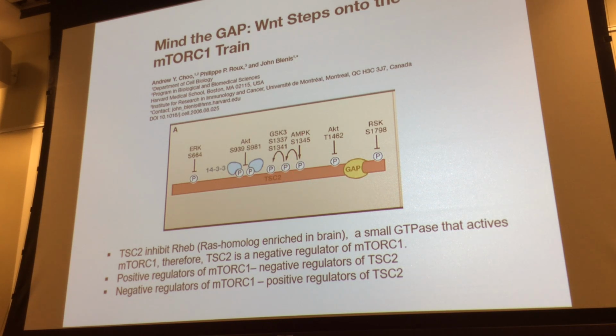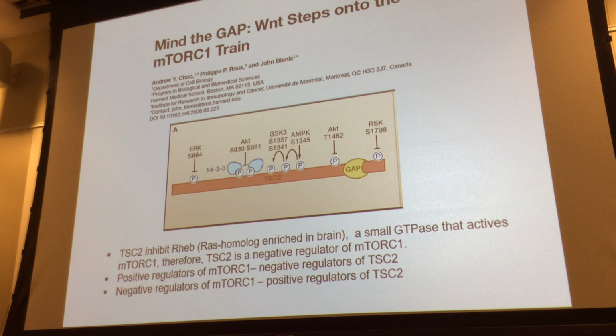Now, this is important because it turns out, at least based on this study and of course many other studies, that TSC2 is probably the most established and the most important upstream regulator of mTOR. It's kind of a nexus to incorporate a lot of other signaling to influence mTOR, as nicely illustrated here.